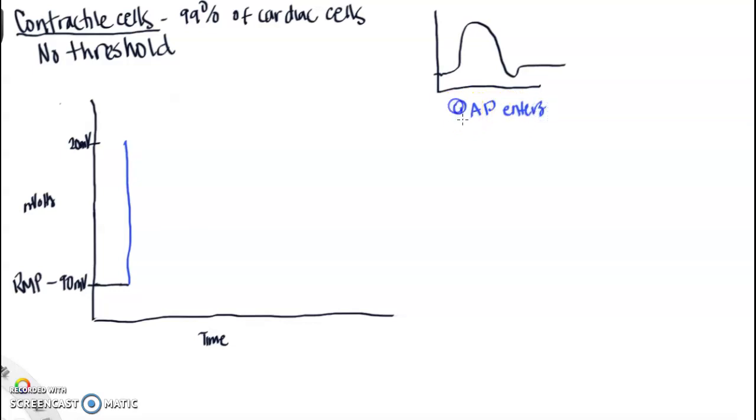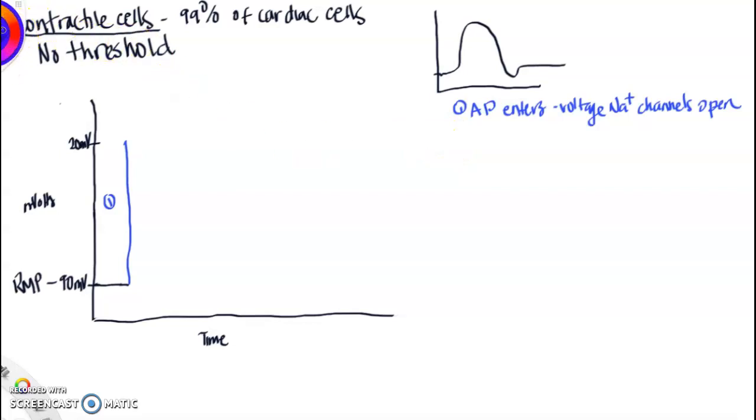Okay, so when the action potential enters, we'll call this 1. When the action potential enters, voltage-gated sodium channels open, which should make sense. So this is 1. Once we get to positive 20, what happens?